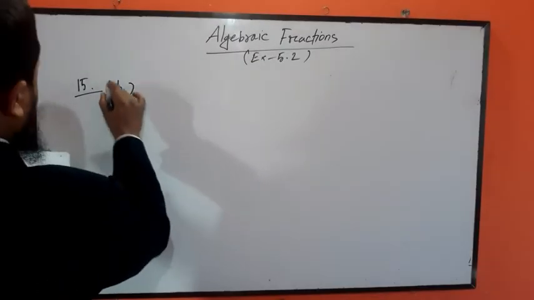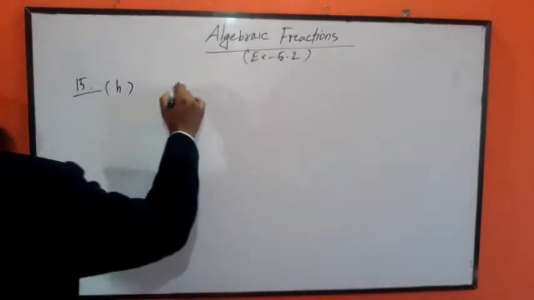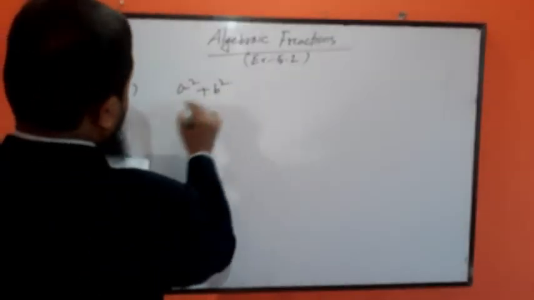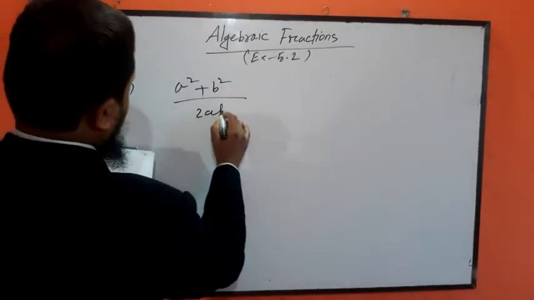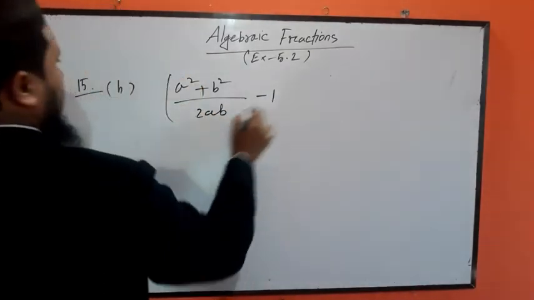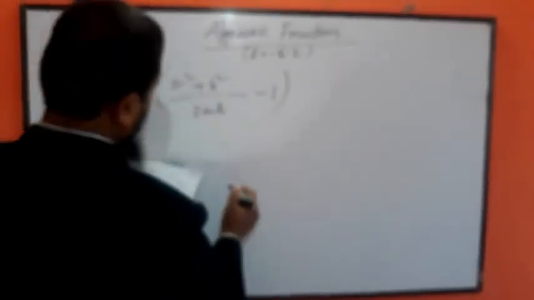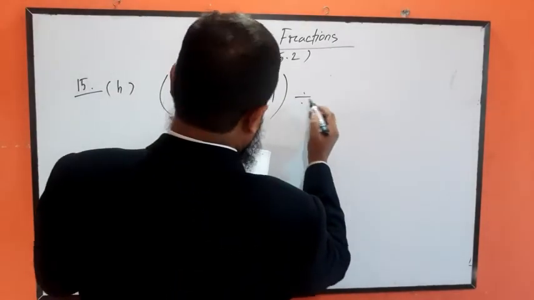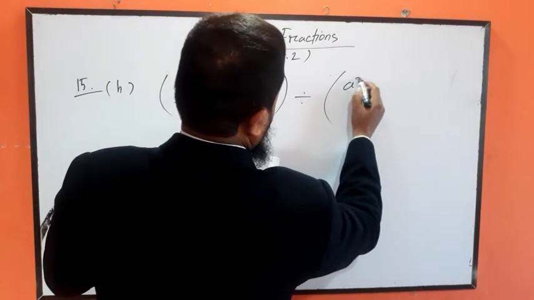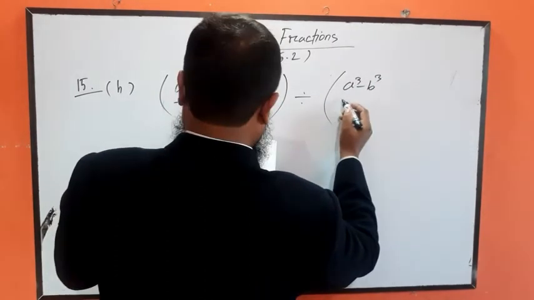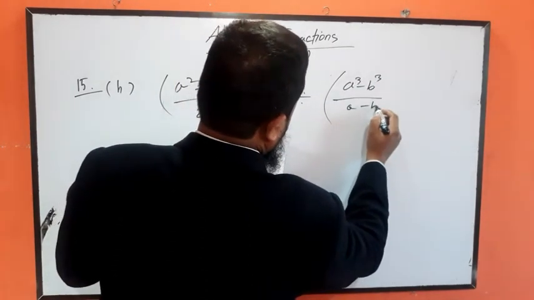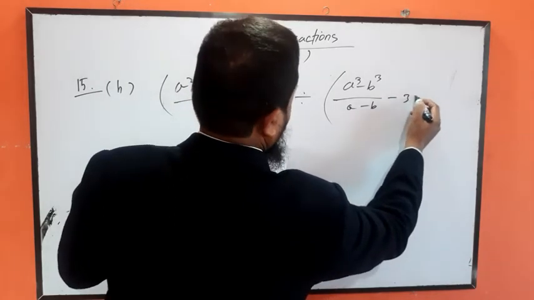Problem number 15h: (a square plus b square divided by 2ab minus 1), first bracket close, division sign, a cube minus b cube divided by a minus b minus 3ab.